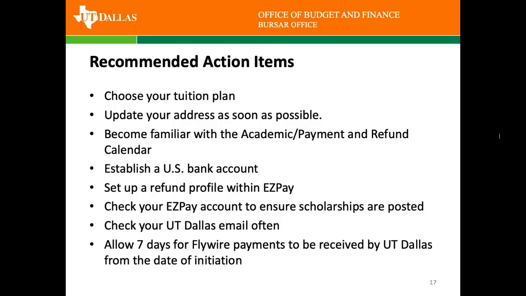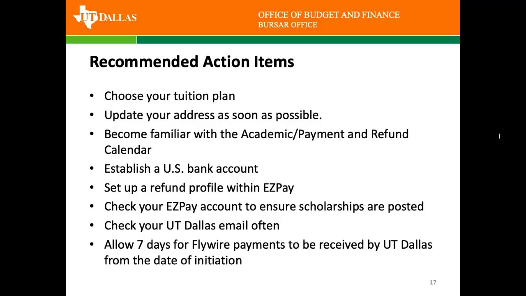I know I have on the action items here: choose your tuition plan, update your address as soon as possible, become familiar with the payment and academic calendar, establish a bank account. I've gone through that, but the last one says allow 7 days for Flywire payments to be received by UT Dallas. Because we give you that little bit of extra time since you're receiving financial aid, it's better to wait until your aid has been disbursed.